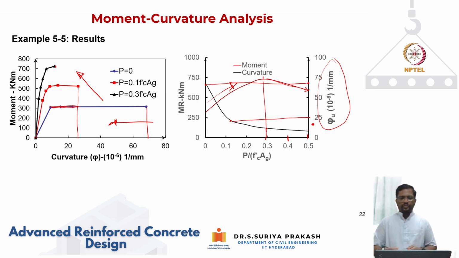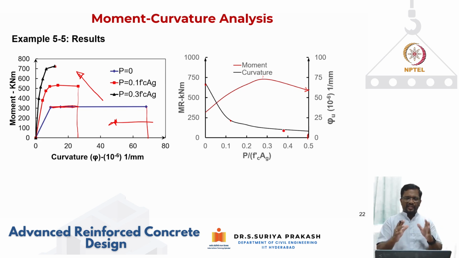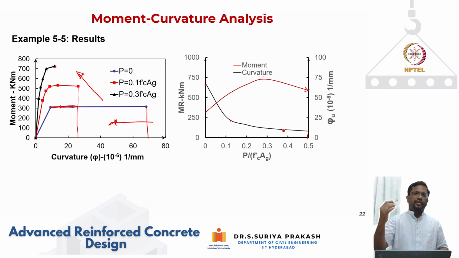What we can conclude from this is, when your axial compression is less than about 30% of the compressive capacity of concrete, when you increase P, there's going to be an increase in moment capacity, and also a reduction in your curvature.